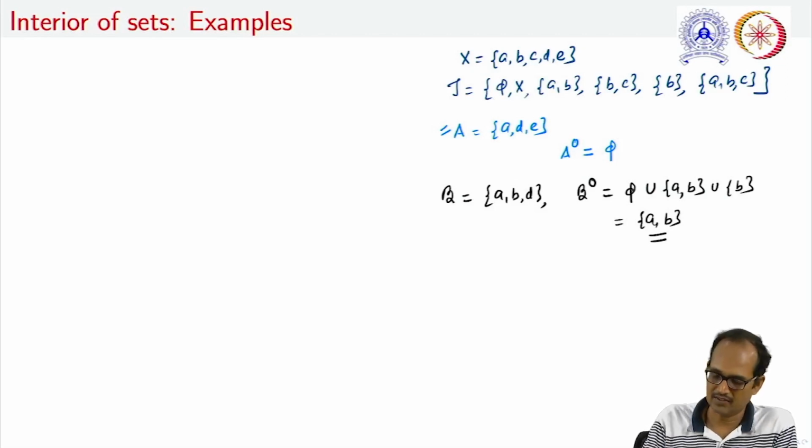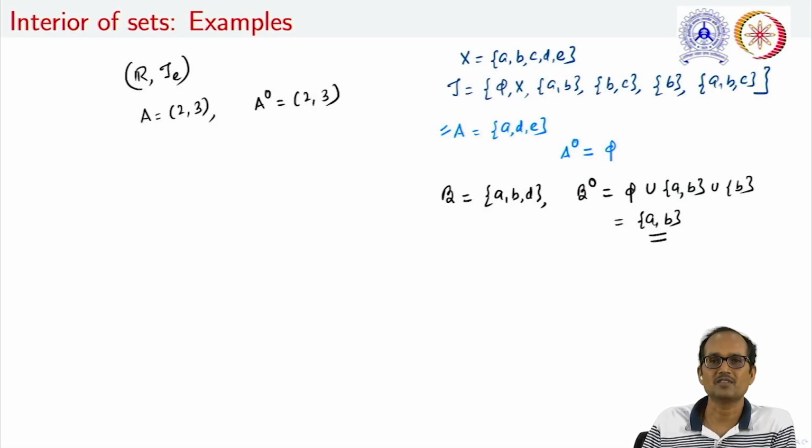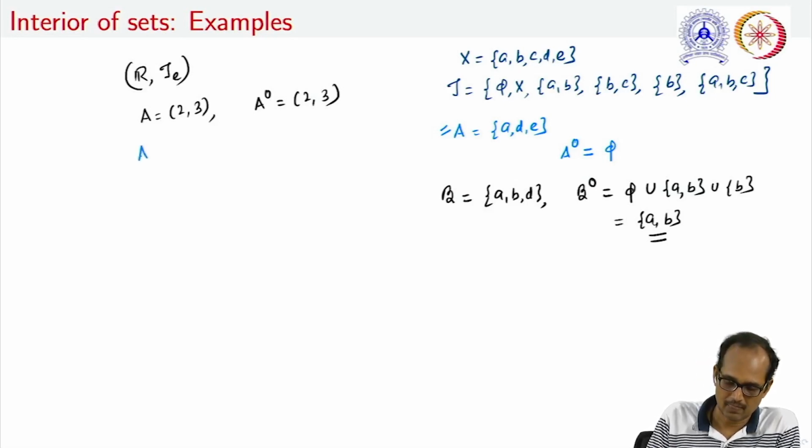Moving ahead, let us take some other examples. Why not R with the Euclidean topology? If we take a set A as the open interval (2, 3), what about its interior? The interior will be the open interval itself because this is the largest open set inside A. But if we take A as the closed interval [2, 3], what about A interior?